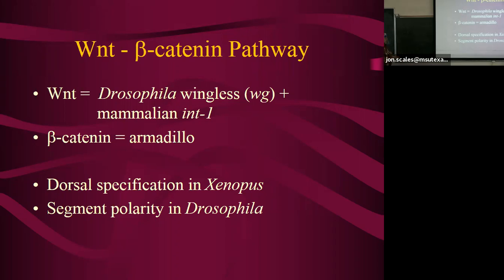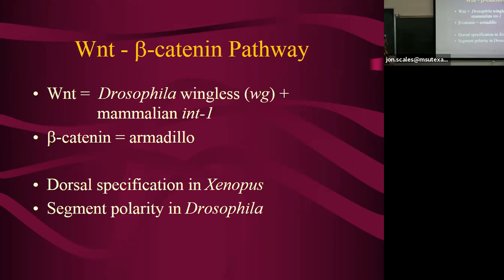So you have some overlap in the various names. Eventually, it was decided to just combine these things to Wnt, and beta-catenin kind of won out in the naming scheme for that. We find that they are one of the first signaling pathways used in the specification of dorsal in frogs and in mammals and other vertebrates.